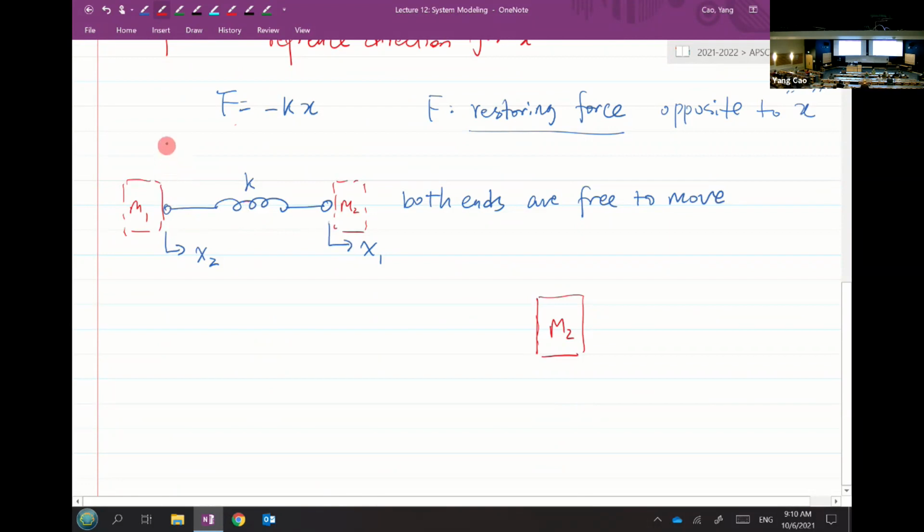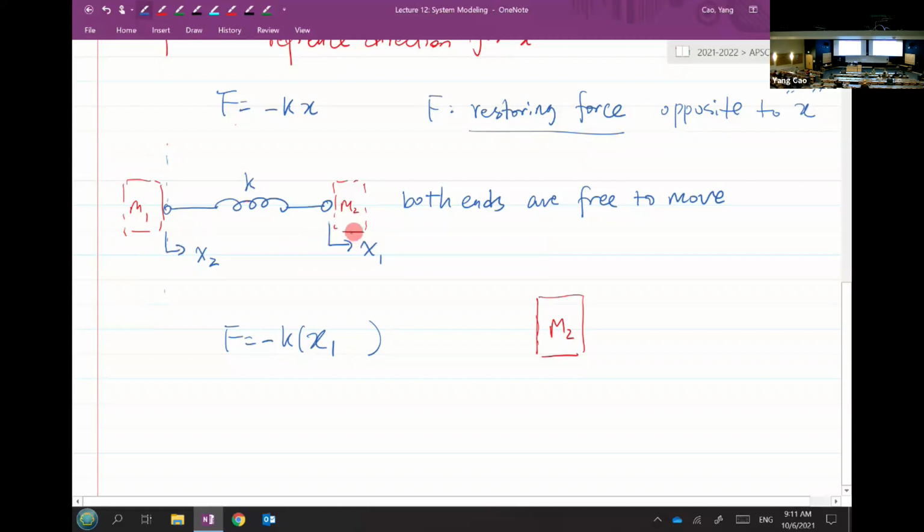Basically, what we did in the previous lecture is temporarily consider this side fixed. Then your restoring force is negative k x1 if this side is fixed. Now you let this side go.